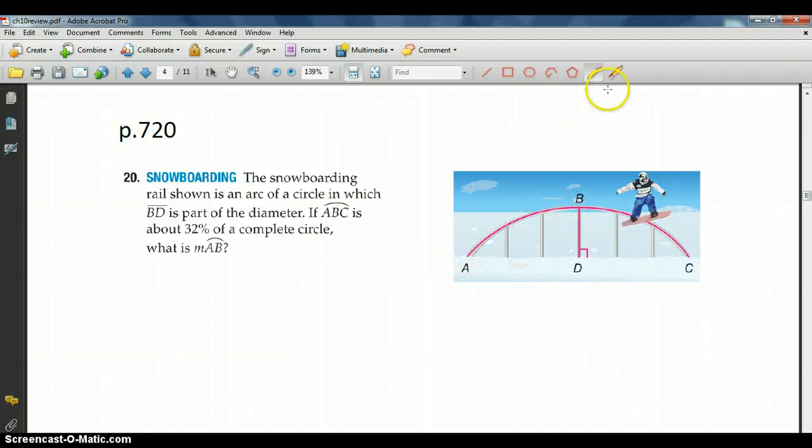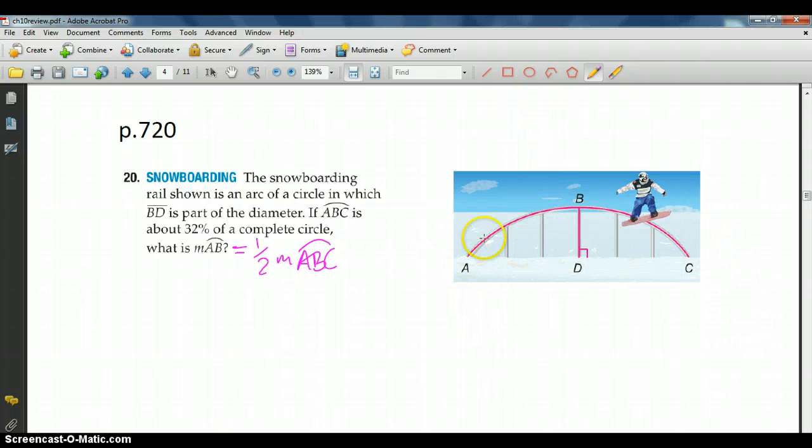The measure of arc AB will be equal to half the measure of arc ABC. And this is because the diameter will split this arc in half, since it's perpendicular to this chord.